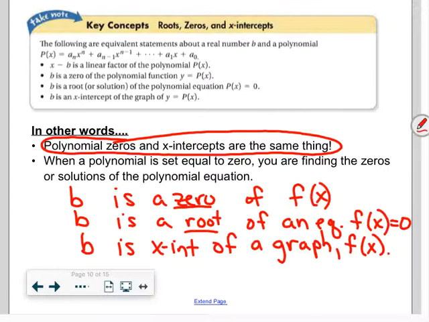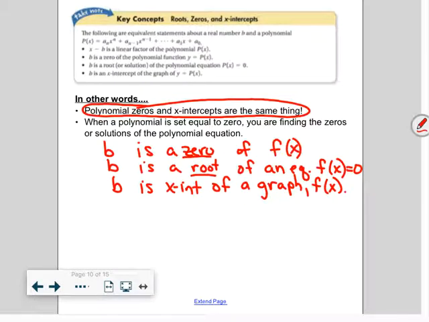And then watch this. This last one is really neat. I'll kind of pause to make sure you're up with me here. So b is called a 0 if you just have a function, like on our warm-up. That was just a function.